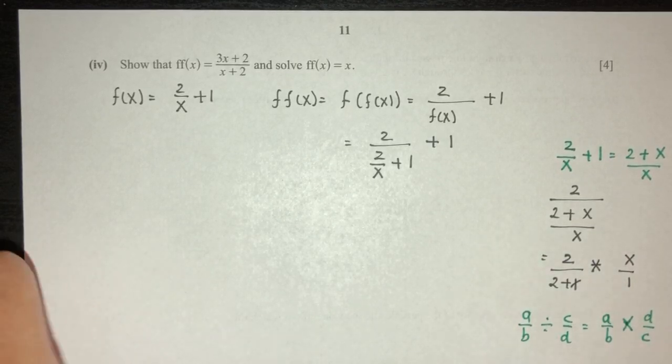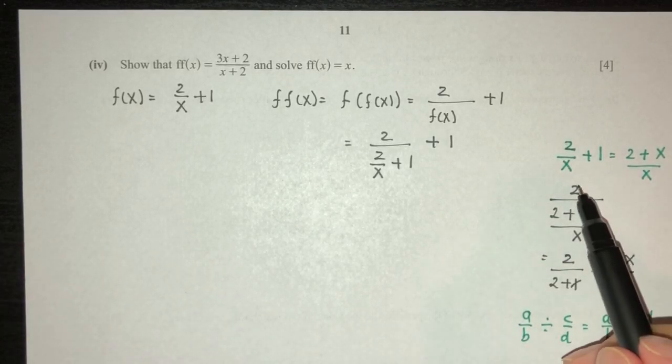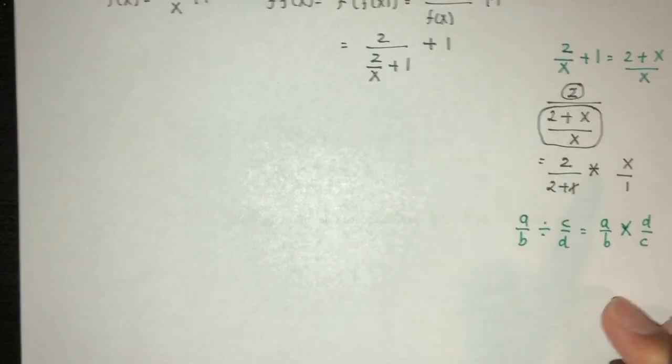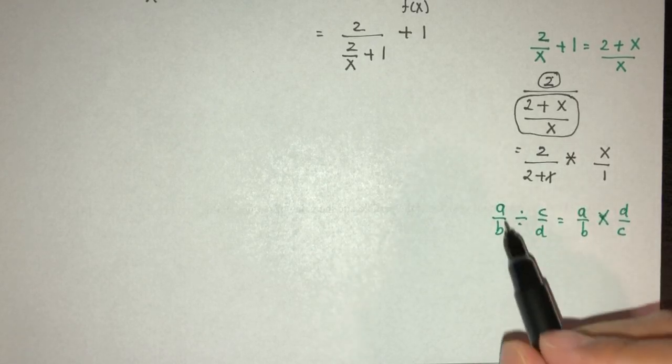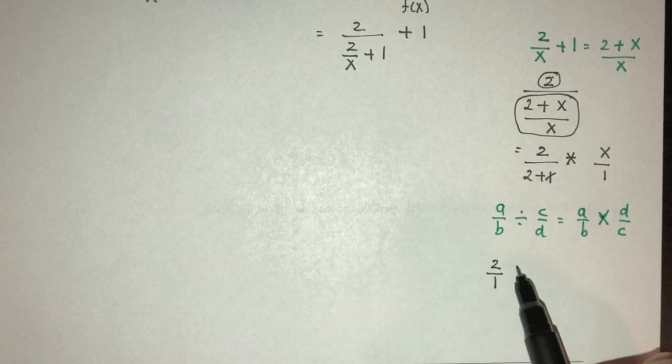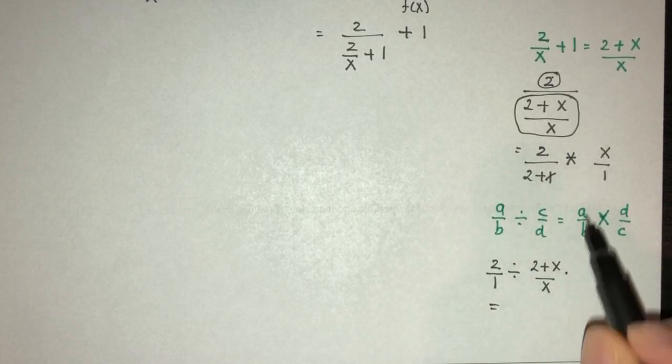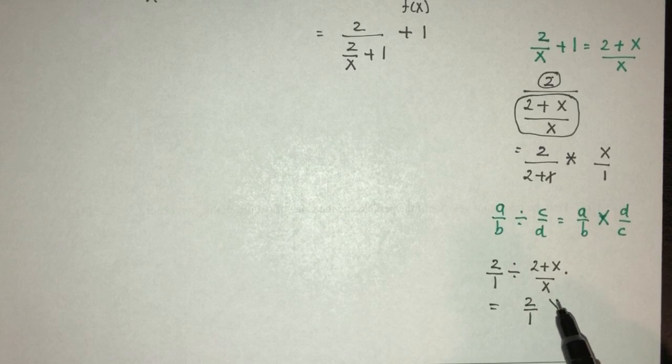So same way here, when you have this divided by this, 2 is basically the first one. 2 over 1 divided by 2 plus x over x is the same as 2 over 1 multiplied by x over 2 plus x. So same way, you will have 2x over 2 plus x.